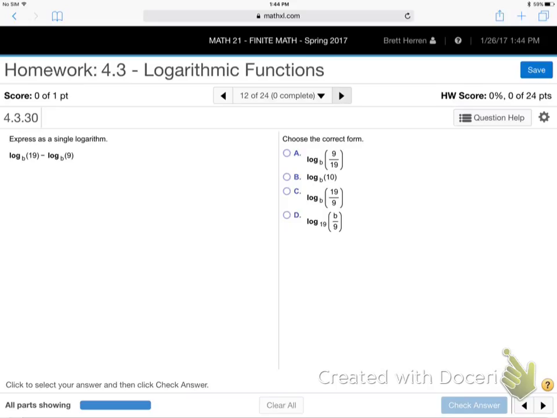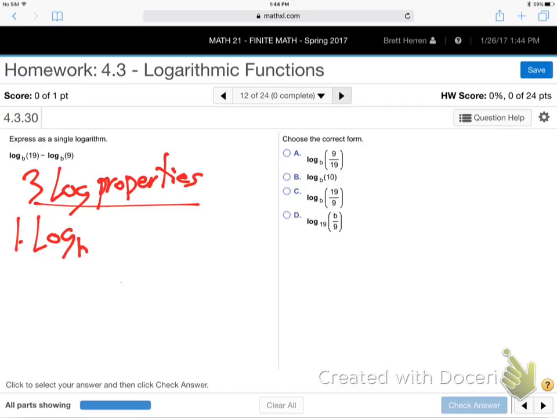Okay. All right, so I don't know if you remember much from intermediate algebra about logarithms, but there's 4 properties. 4? No, there's 3. There's 3 properties of logs. So let me just write the 3 log properties. Maybe some of this will come back. So the log base b of x times y. Anybody remember?